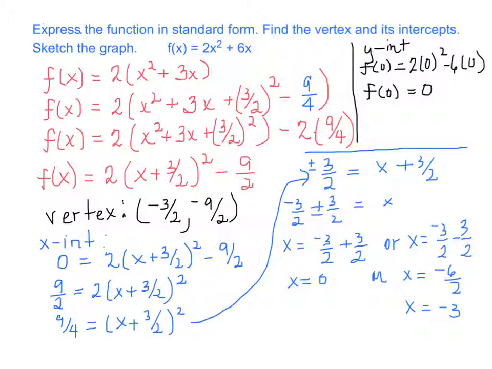So when we factor out the 2, we're left inside the parenthesis with x squared plus 3x. Then we want to complete the square. So completing the square, you take half of b. In this case, b is 3.